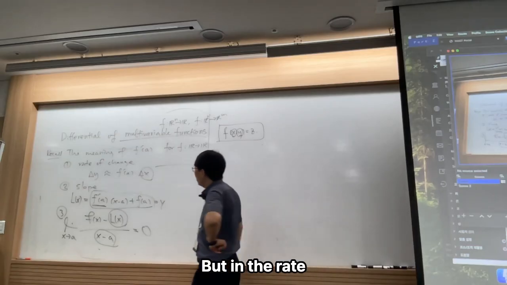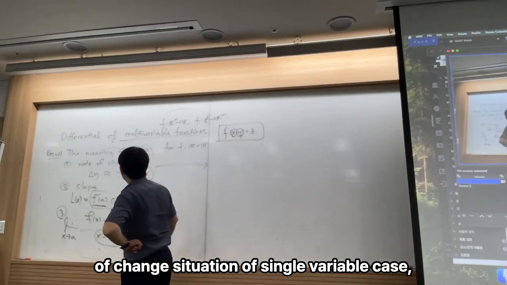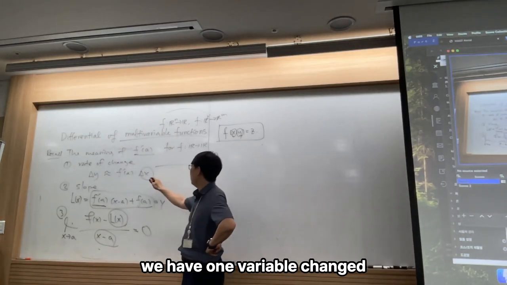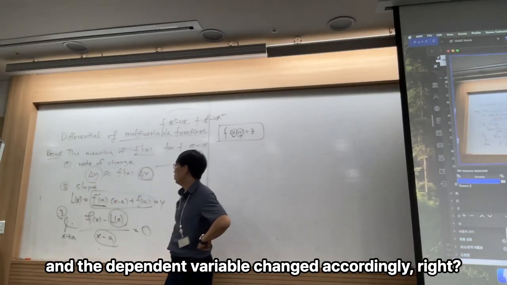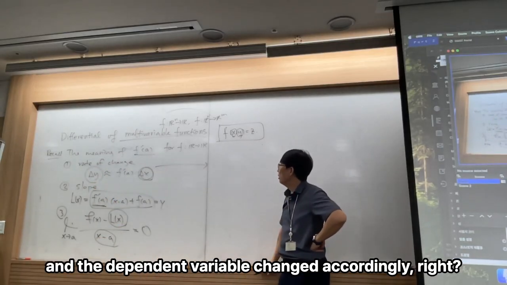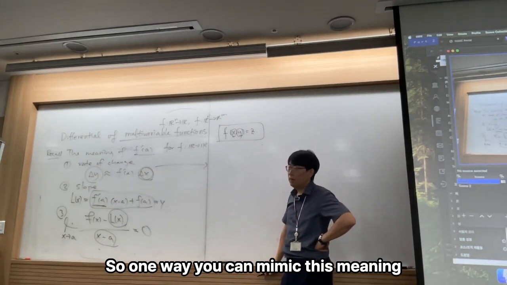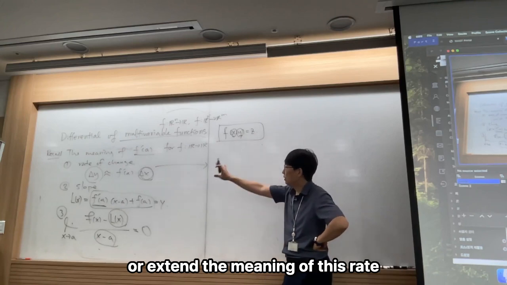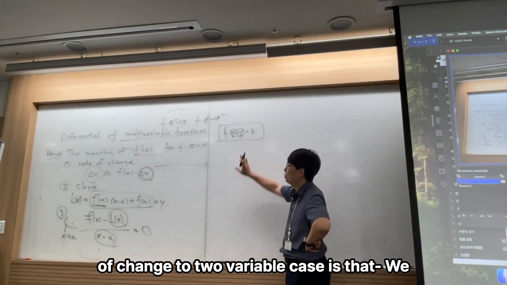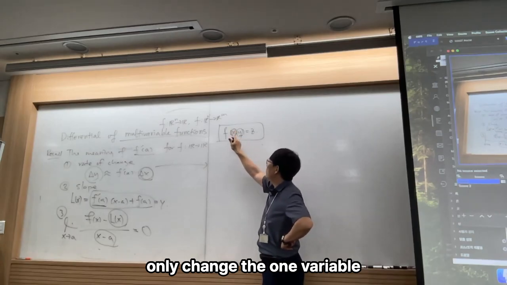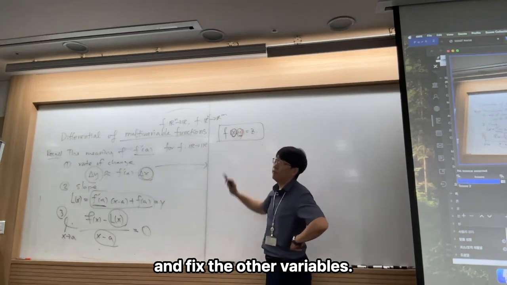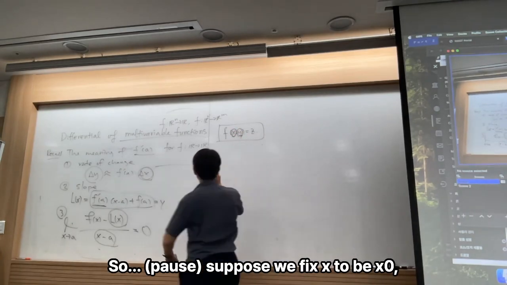But in the rate of change situation of the single variable case, we have one variable changed and the dependent variable changed accordingly, right? So one way you can mimic this meaning, or extend the meaning of this rate of change to the two variable case, is that we only change one variable and fix the other variable.